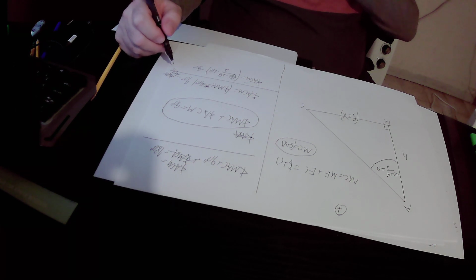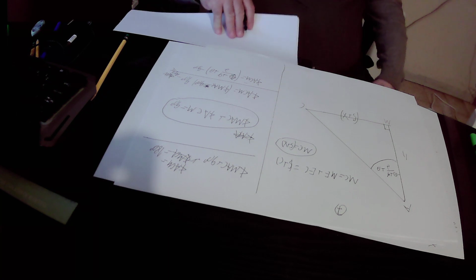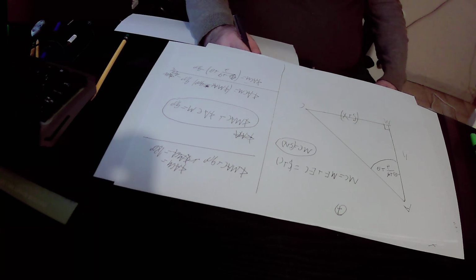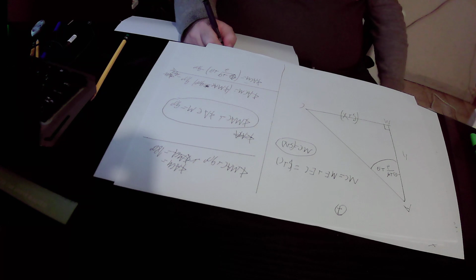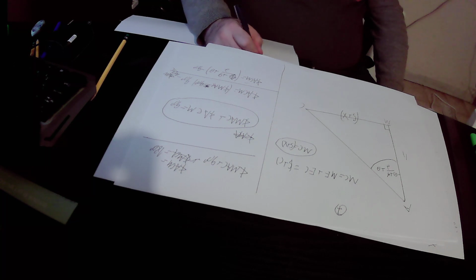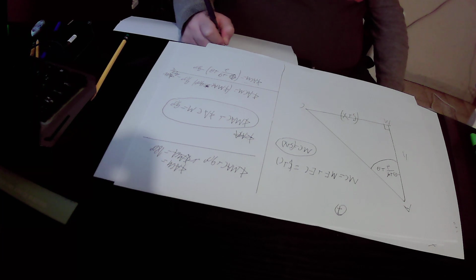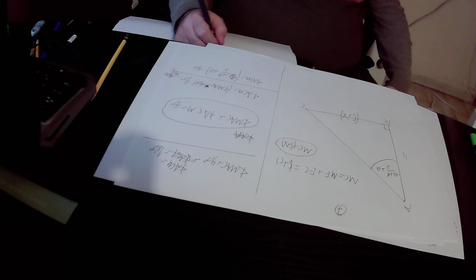We actually found out that angle ACM is equal to 90 degrees minus angle MAC. So angle ACM is equal to 90 degrees minus angle MAC, that is actually equal to 90 degrees minus theta plus alpha over 2 plus theta.